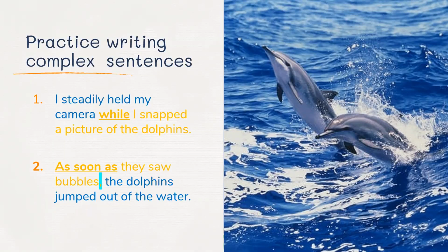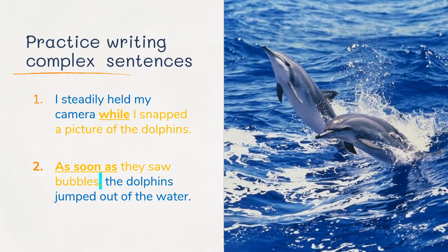And then because my dependent clause is first, I've got my comma. The dolphins jumped out of the water is an independent clause. The dolphins jumped out of the water could be a sentence by itself, right? I've got a subject, dolphins, jumped out of the water is a predicate. That could be by itself. So that's an independent clause.